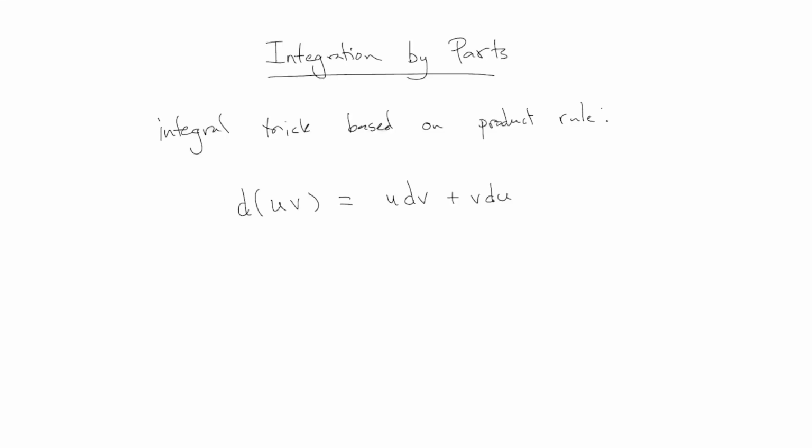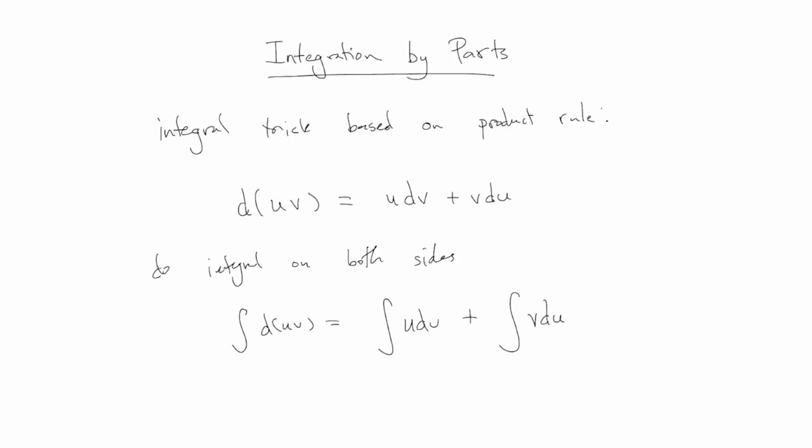The reason I wrote it with D's like this is we can take the integral of both sides. On the left, we get the integral of d(uv), and on the right, we get the integral of u dv plus the integral of v du. I hope your handwriting makes it obvious the difference between a u and a v. You must be able to tell them apart, or else you'll get very confused.